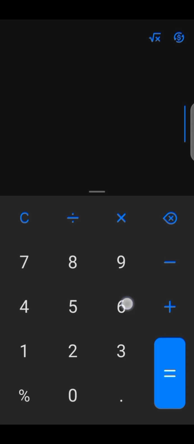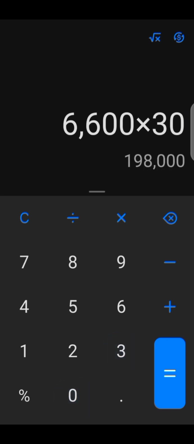Then 6,600 times 30, at least it's something. That would be 198,000 naira every single month if you carry out this simple strategy that I'm showing you.